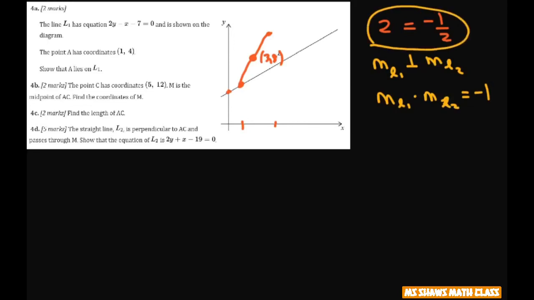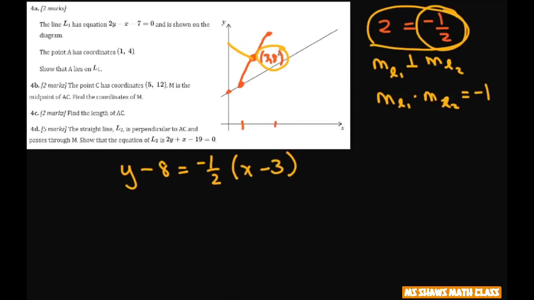So we want to write the line, and let's write it as y minus 8, since this is the perpendicular line and this is the point we're using, equals our new slope, negative 1/2, times x minus 3.